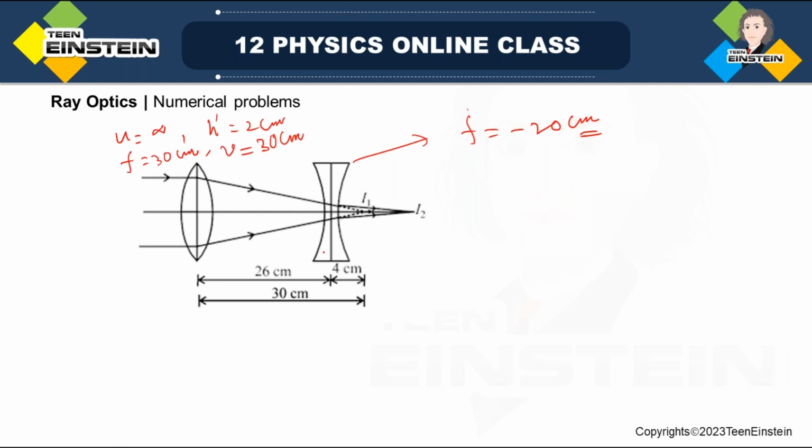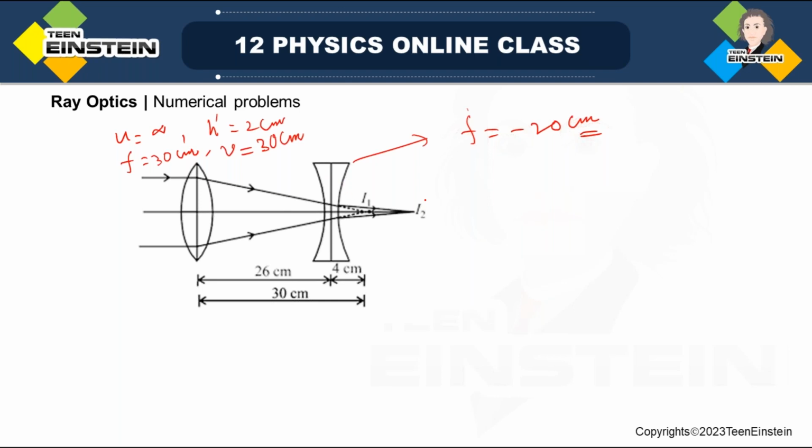There will be an image formed by the convex lens at I1, and this I1 will act as a virtual object for the concave lens.